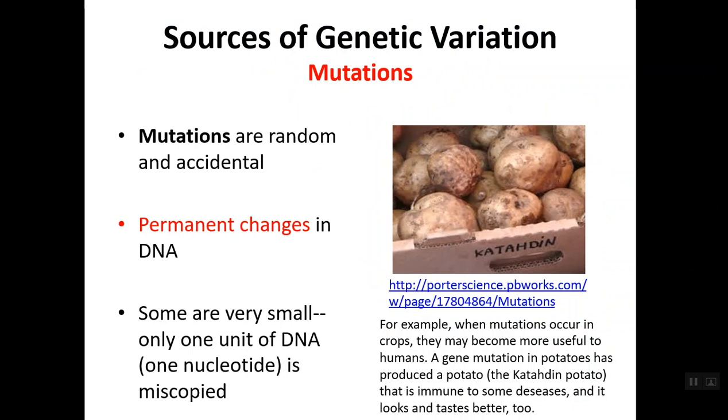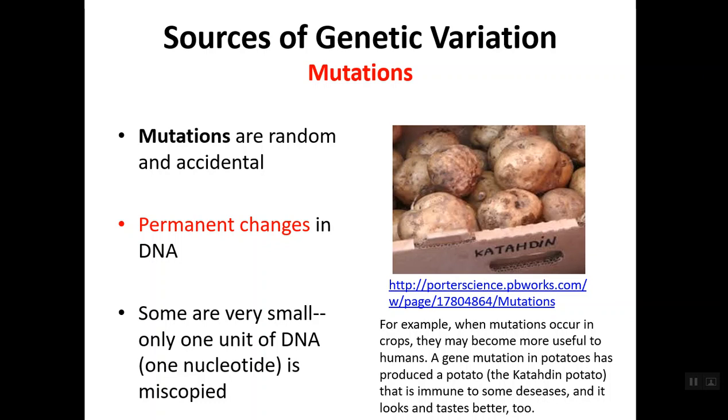Now, talking about mutation, just in a little bit more detail. Mutations, remember, are random and accidental. They're totally random. If I am copying an essay that is really long, I may get tired and make some typos. These typos represent my mutations, okay? They're very random. There is no reason why it should happen in one place more than the other.